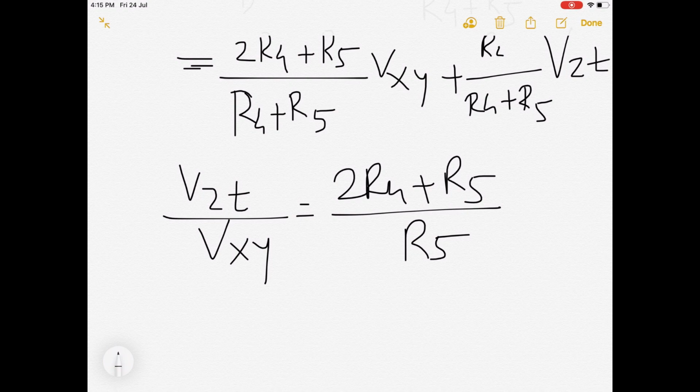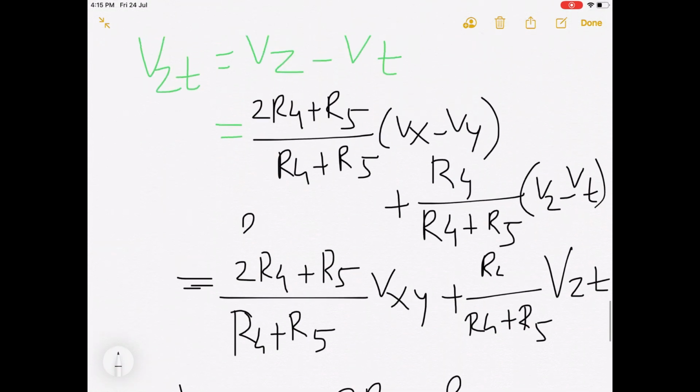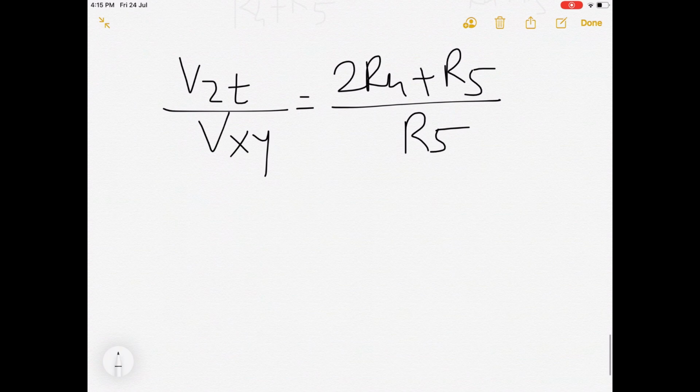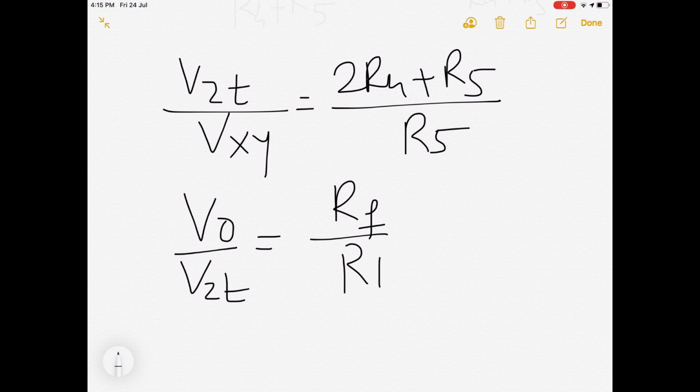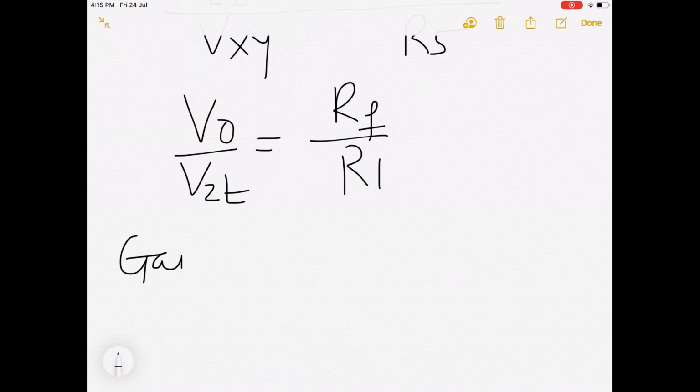Now, what is the gain of the second stage? The second stage is the difference amplifier. So directly we can write Vo by Vzt equal to Rf by R1. Okay, that we have seen in the very first point, that is difference amplifier gain is Rf by R1. So now your overall gain is equal to multiplication of gain of first stage into gain of second stage.